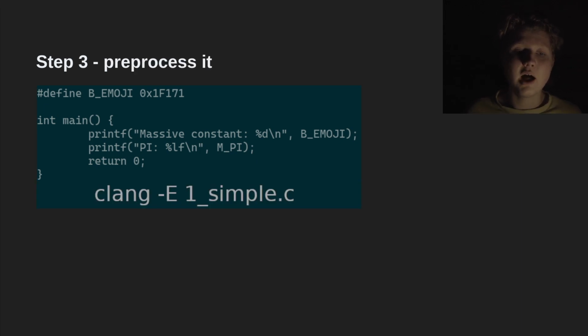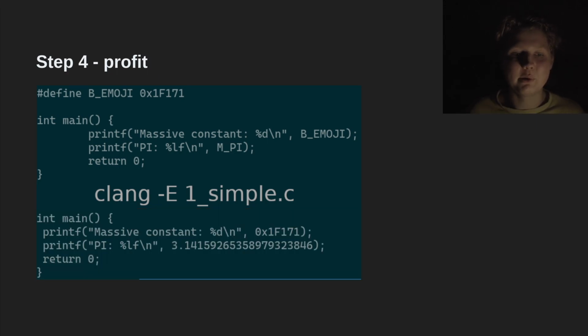You can actually trigger the pre-processing step by passing the -E flag to the compiler, which tells it to just do pre-processing, and it will spit out pre-processed code, which right here shows the hexadecimal value for the unofficial B emoji Unicode character, and then the pi value, arguably not complete, but not much we can do about that.